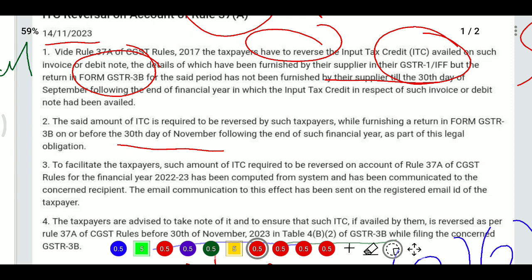October month return is being filed now. So before filing October month, you need to reverse that ITC taken in GSTR3B which your supplier has not shown in their GSTR1 or has not filed their GSTR1. So 30 September is the supplier date and 30 November is the recipient date.